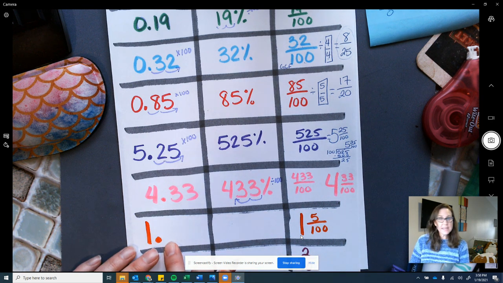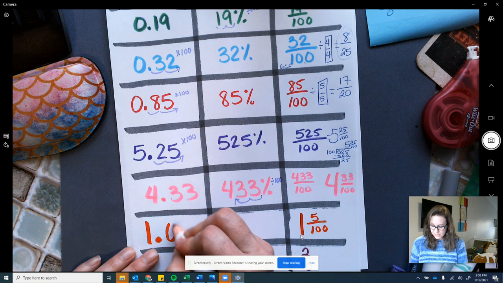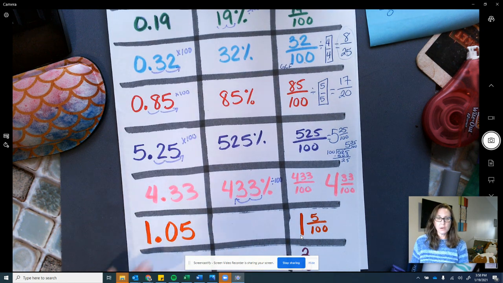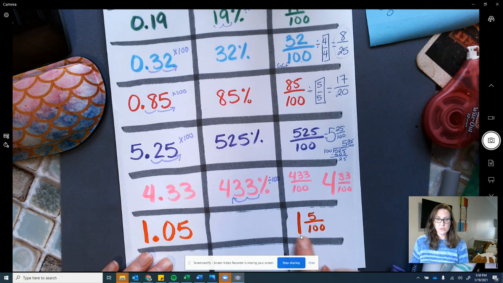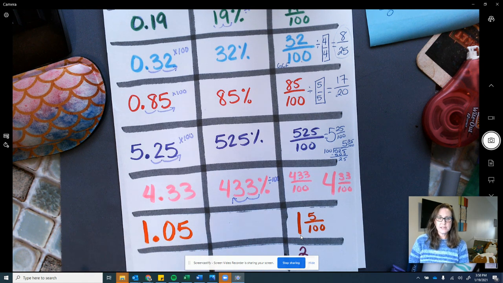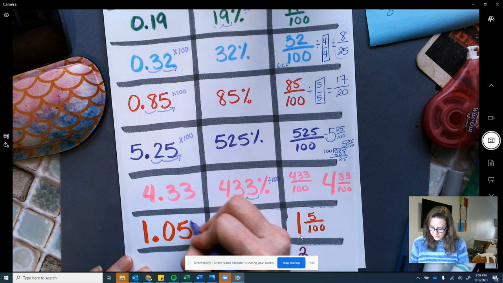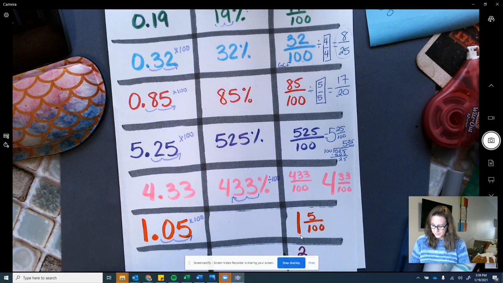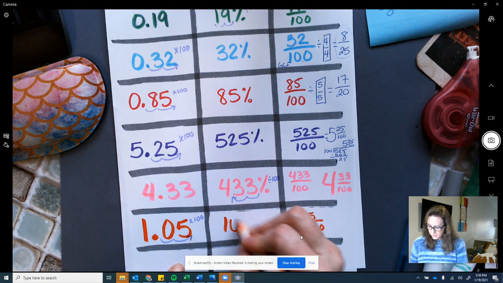I don't have any tenths, so I'm going to put a 0 for the tenths and a 5 for the hundredths. What is that as a percentage? We're basically multiplying this by 100. So we're moving our decimal over 2 places to the right, and we have 105%.